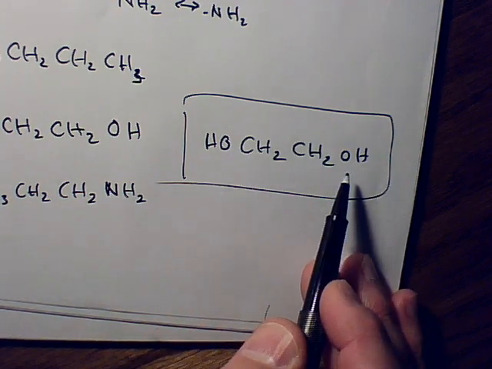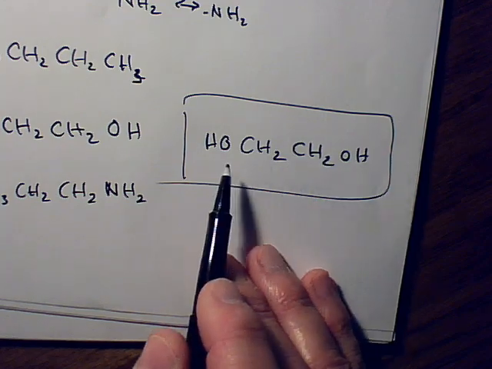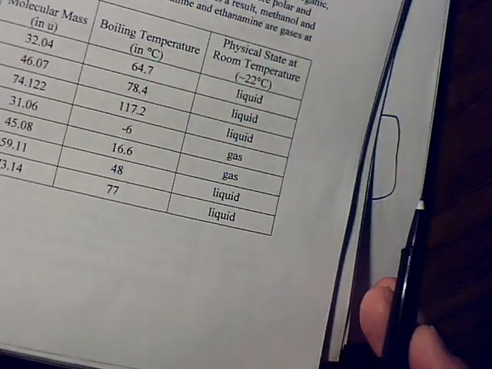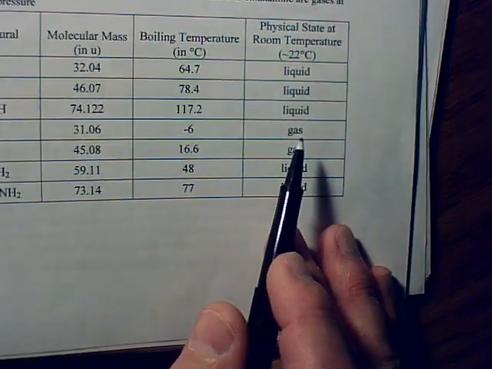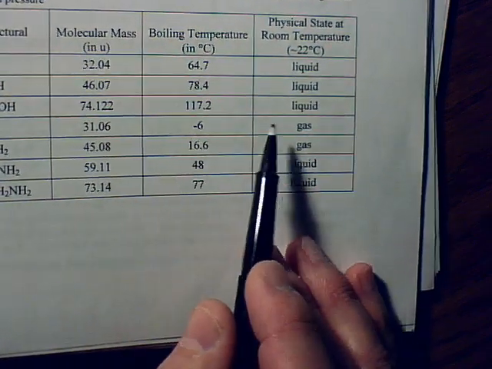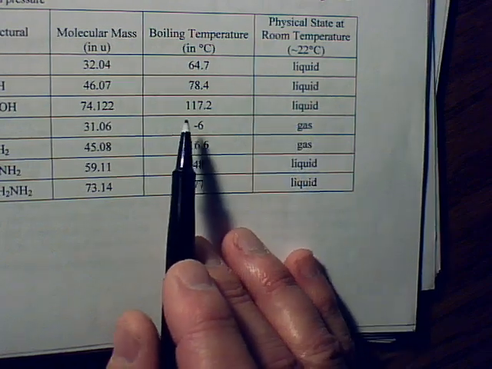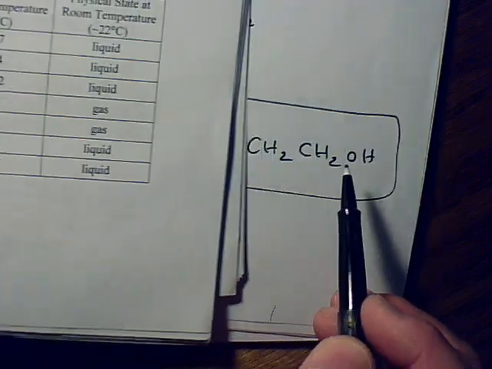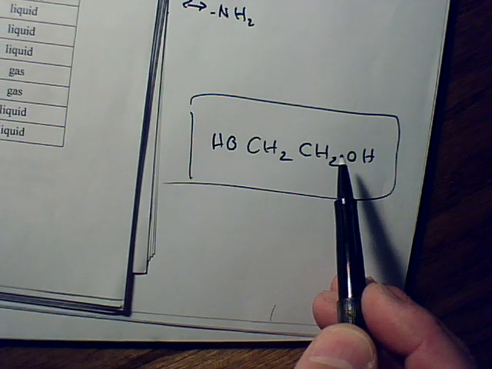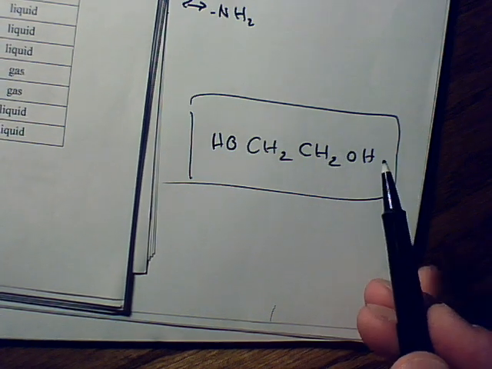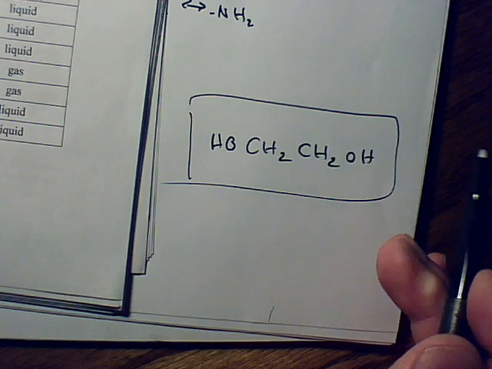Let's look at this then. It's got a lot of stuff to hold it together, right? Do you think it's going to have a higher or lower boiling temperature than these? Higher, that's good. So it's probably going to be what at room temperature and pressure? Liquid. You could say solid, and you could argue for that.